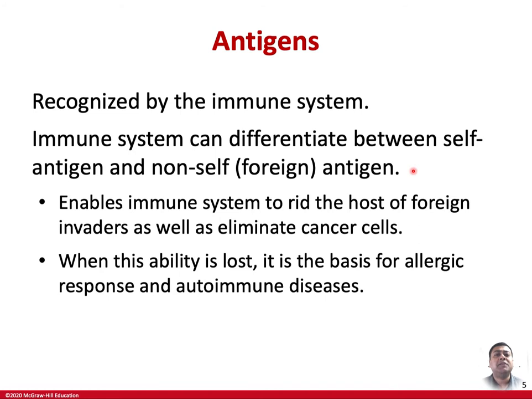But sometimes this ability is lost, means our own immune system cannot sometimes recognize our own proteins, and this can lead to allergic response, and sometimes the most important one can lead to autoimmune disease like psoriasis or rheumatoid arthritis. These are just a few of these autoimmune disease where your own body cells are attacked by your own immune cells as they do not recognize your self-antigen.